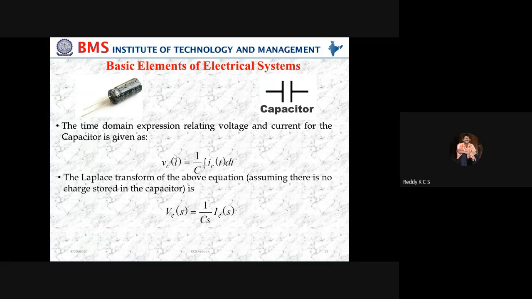Now the conversion into a Laplace transformation. f of t will become f of s, and 1 by C into the integral of I of t becomes I of s by s, neglecting the initial conditions. The suffix c represents the capacitor.